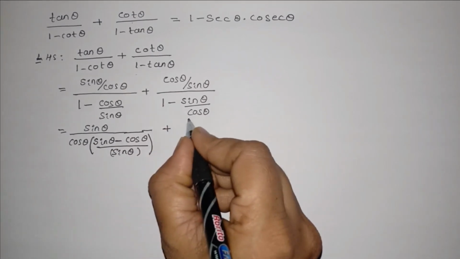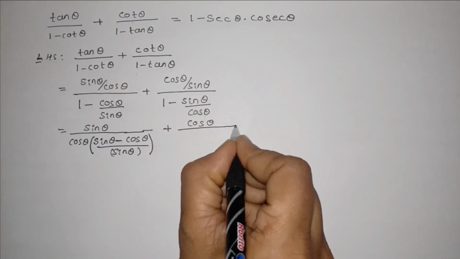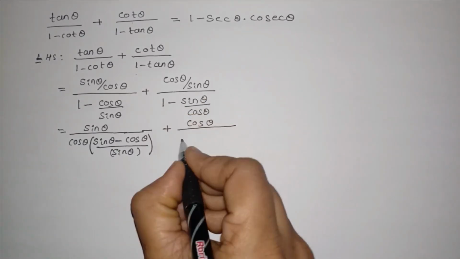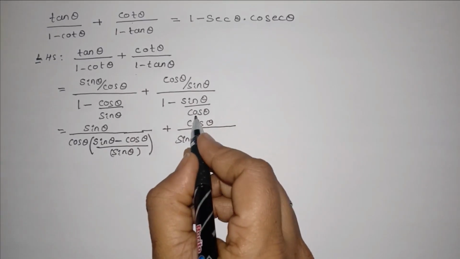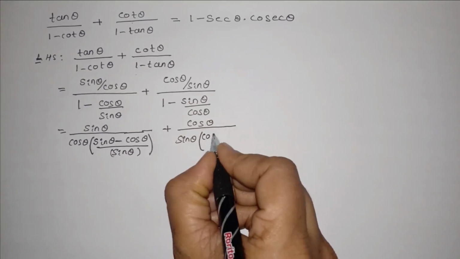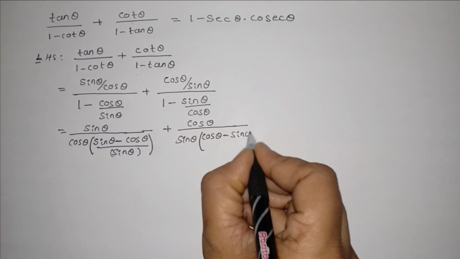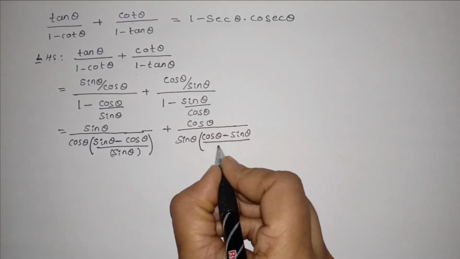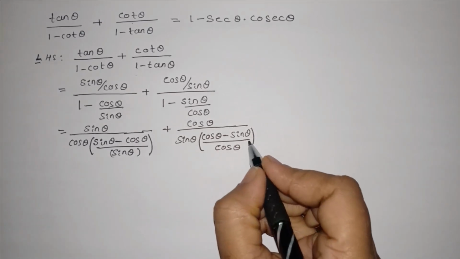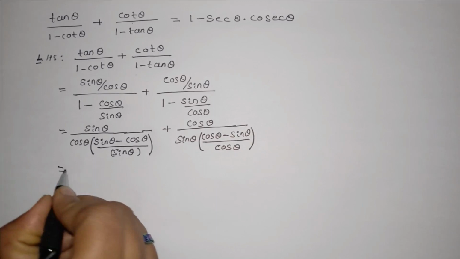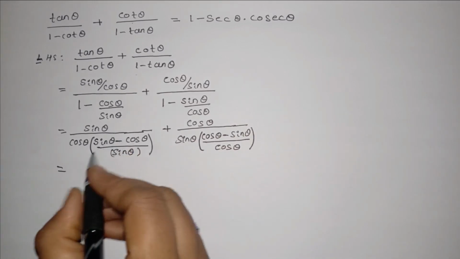Plus the numerator again here can be written as cos theta divided by sin theta. At the denominator, it will come to the denominator. So sin theta into bracket, here LCM is cos, so cos into 1 is cos theta minus sin theta divided by cos theta, which is equal to, now the denominator of the denominator goes to the numerator.